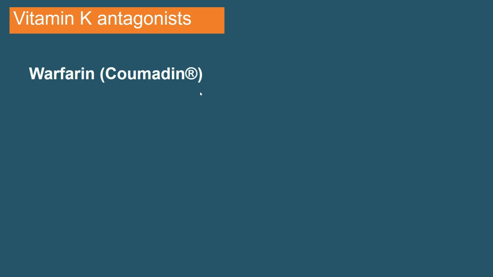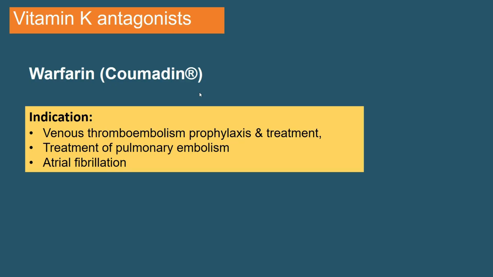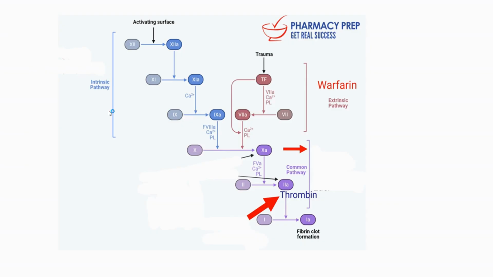Let's talk about the vitamin K antagonist. The drug name is warfarin. Brand can be Coumadin. So they are widely used for treating venous thromboembolism, or blood clot prevention or treatment, blood clot in the lungs, that's called pulmonary embolism, and then atrial fibrillation. These are the AFib indications commonly treated by the vitamin K antagonist, warfarin.